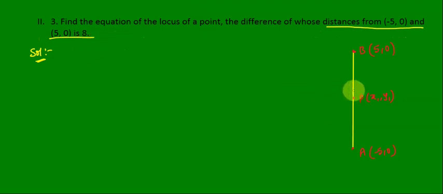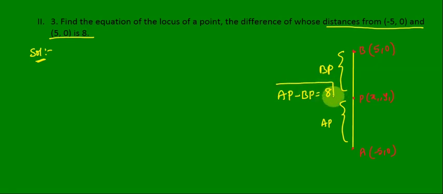See here in the diagram, the distance from A to P and the distance from B to P. The relation he gave here is that the difference of their distances, AP minus BP, will be equal to 8. So this is the condition. So distance from A to P minus distance from B to P is equal to 8. Difference means we need to do subtraction.